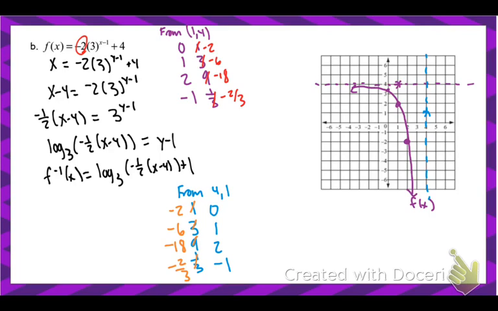From that new origin point, left 2, up 0. Left 6, up 1. Left 18, up 2 is going to be way off my graph, but you get the idea. And then left 2/3, down 1. So that is your log graph. And again, those two functions are reflections over the line y equals x. The x and y's are flipped on all of those points on the graph.